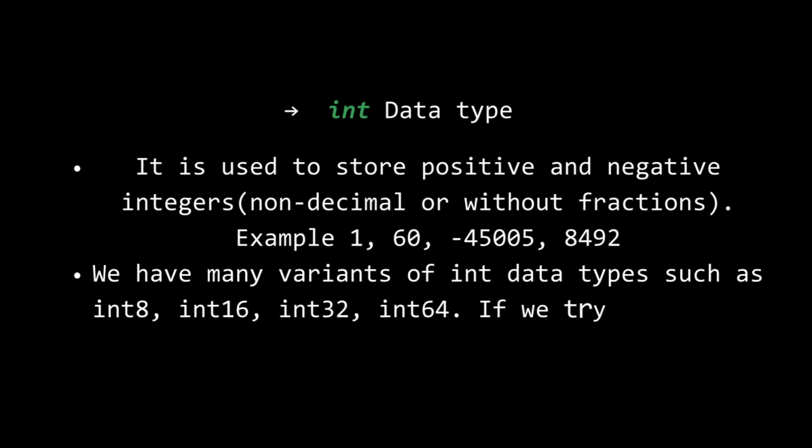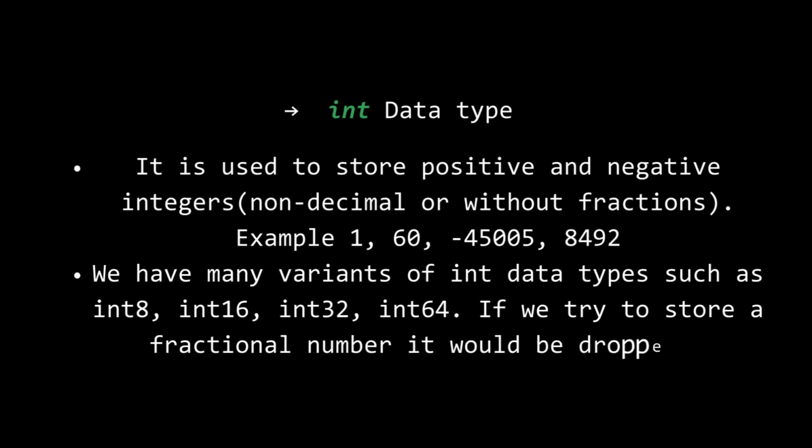We have many variants of the int data type, such as int8, int16, int32, and int64. If we try to store a fractional number, let's say we are trying to store a float value in an integer type, it will be dropped off because it's not what it can take in. It can only take in integer values, numbers without fractions.